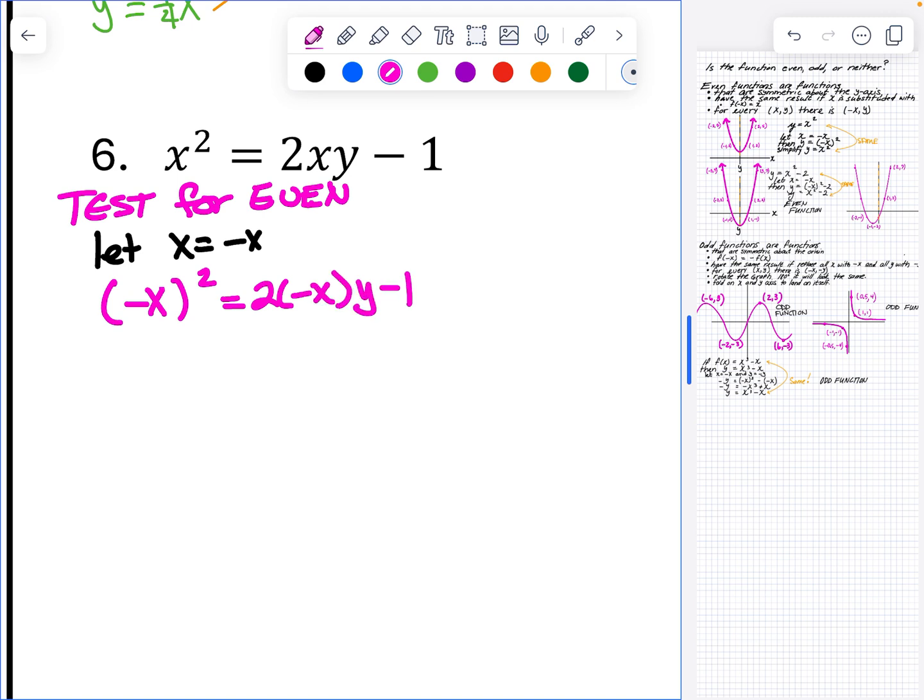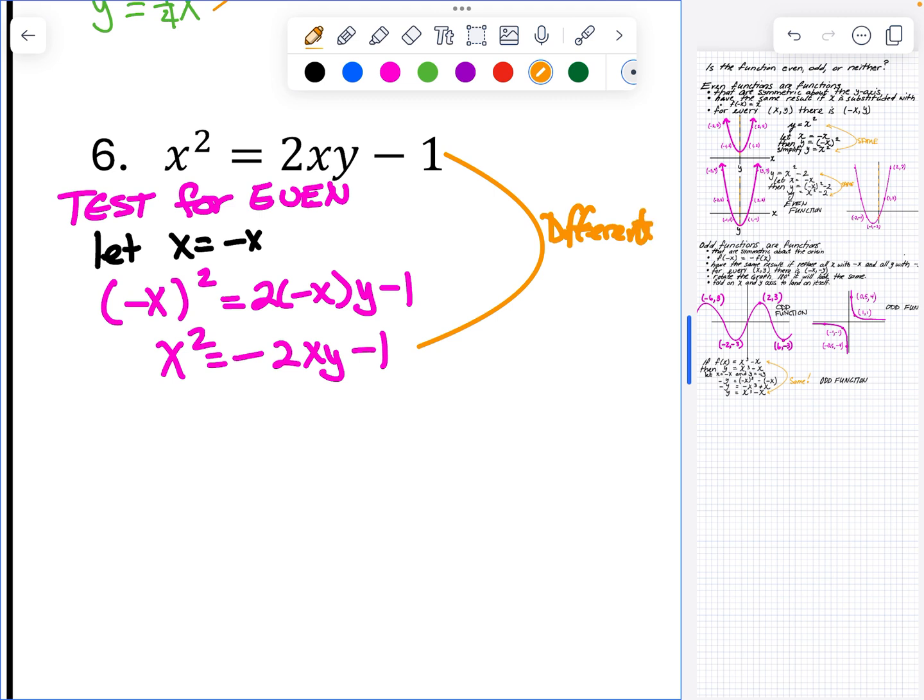It's going to leave you x squared equals 2xy minus 1. And you'll notice, please, that this equation and this equation are different. So it is not even.